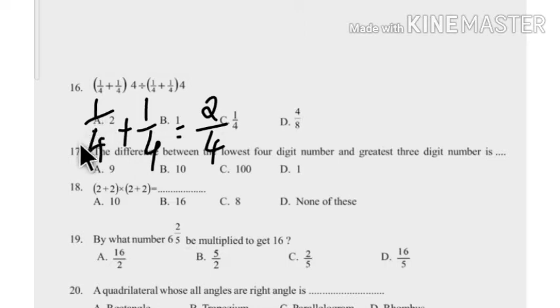Here the denominators are 4 in both fractions, so we can just add the numerators, 1 plus 1 is 2, and keep the same denominator. So 2 by 4, we can reduce this 2 by 4 as 1 by 2: 2 divided by 2 is 1, 4 divided by 2 is 2.